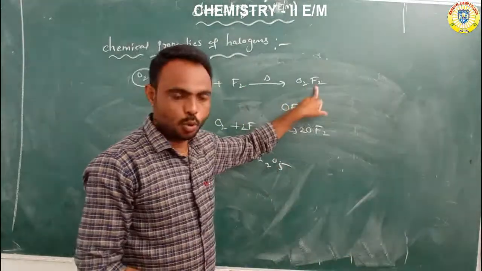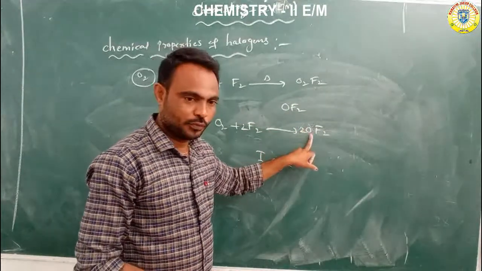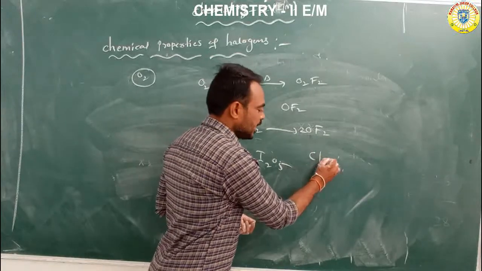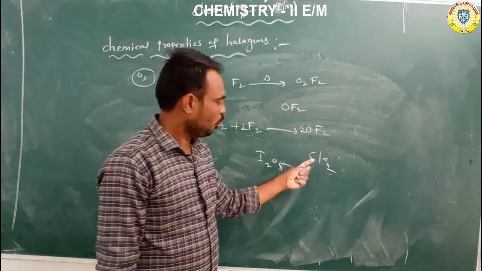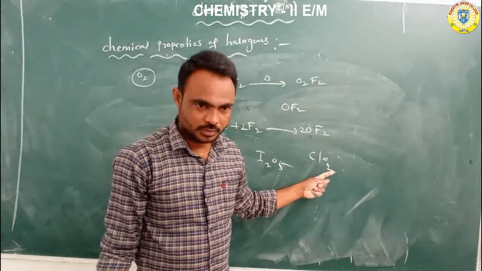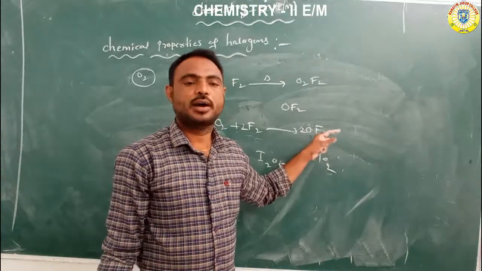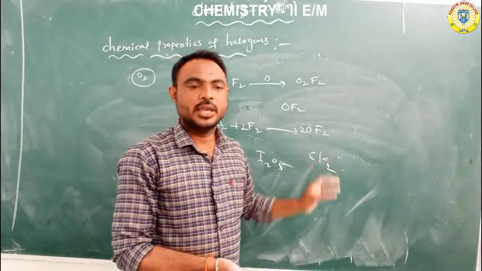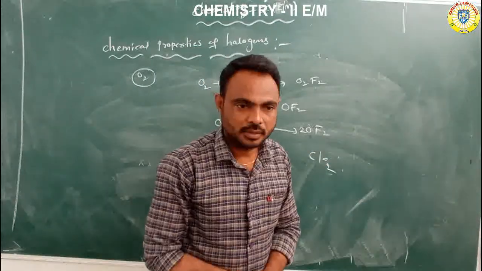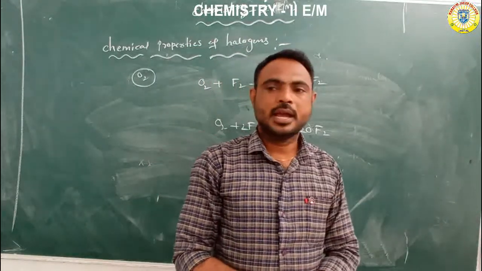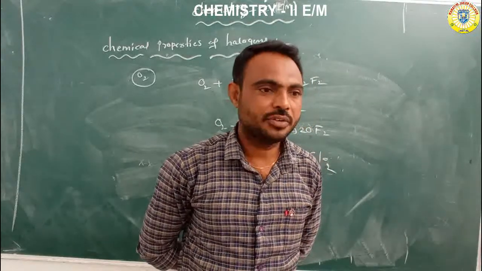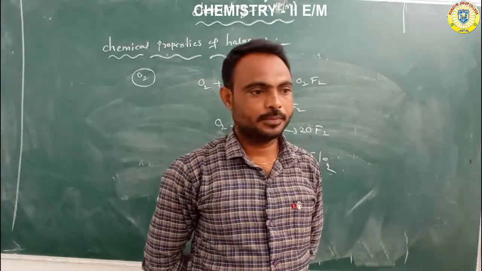Suppose for example O2F2 or OF2 or I2O5, or ClO2, chlorine dioxide. A number of oxides are formed in these reactions. And in the next class we will discuss the reaction with hydrogen.